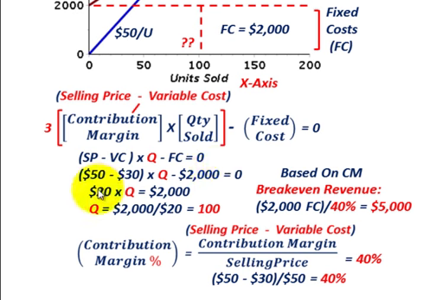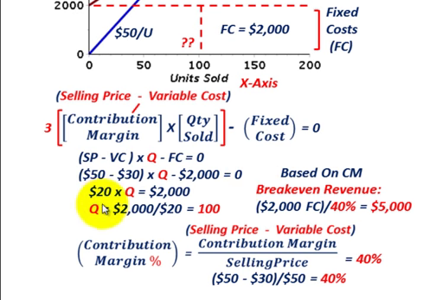Just rearranging our equation, netting our $30, subtracting our 30 from our 50, we're going to get $20 times quantity, which we're solving for, equals... we move 2,000 over to this side of the equation, so we get $2,000.